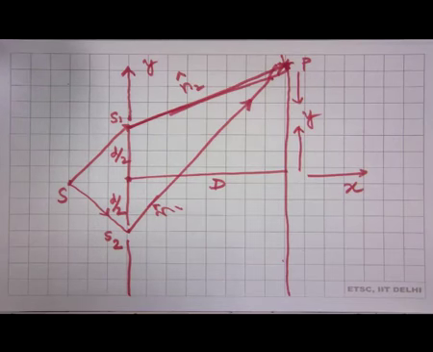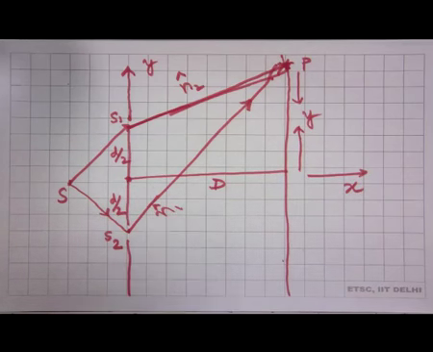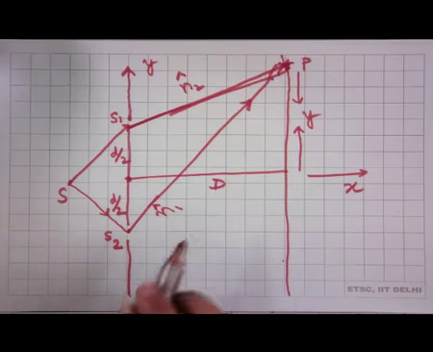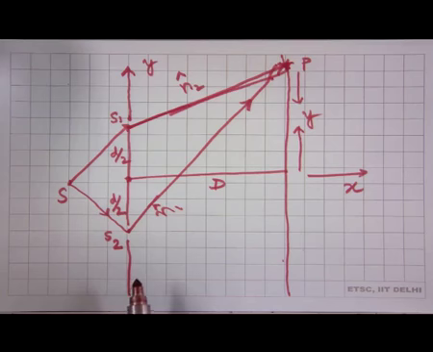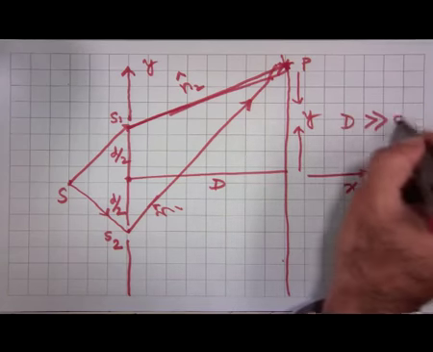This figure is highly exaggerated in the sense that the distance between the two slits is quite comparable to the distance between the slits and the screen, and also the distance y. But in reality, that is not what is going to happen. Please remember that this capital D is much, much greater than small d.